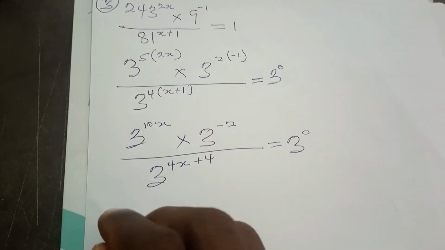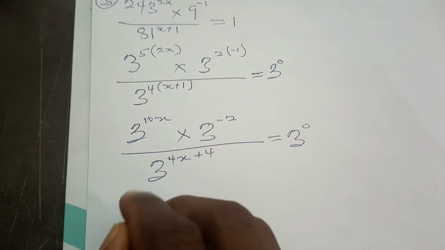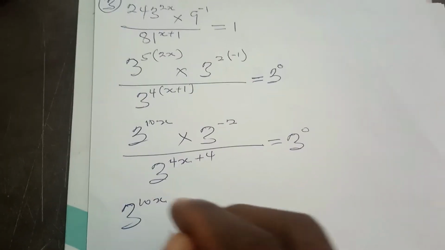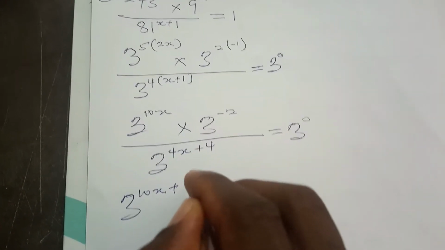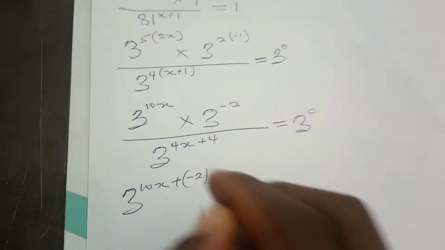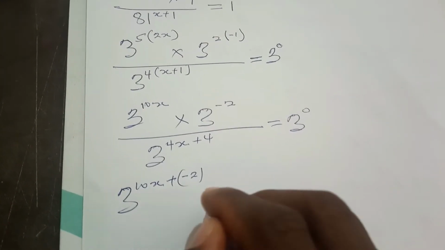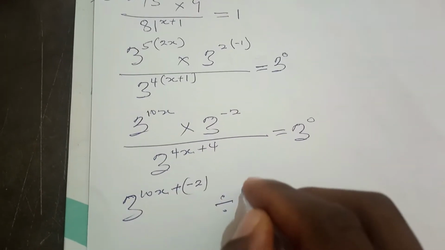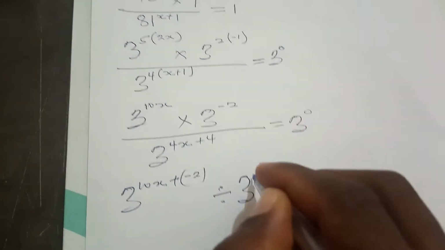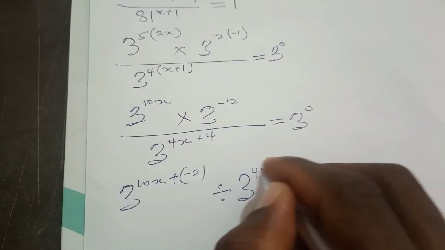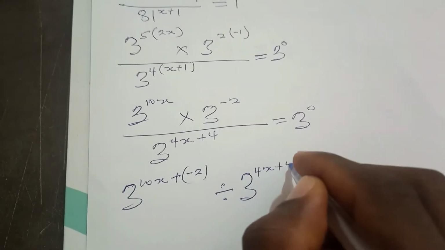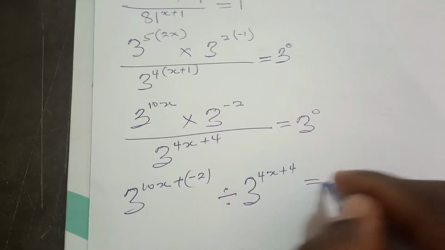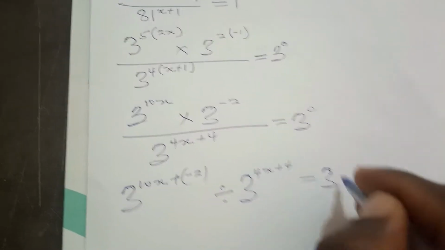To have 3 exponent 10x plus -2, then let me use the division sign so that we all understand, divided by 3 exponent 4x plus 4. This will be equal to 3 exponent 0.